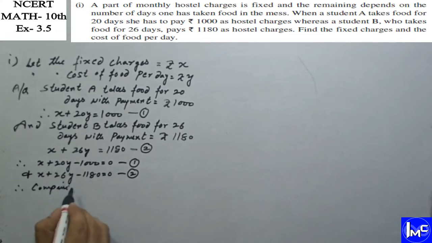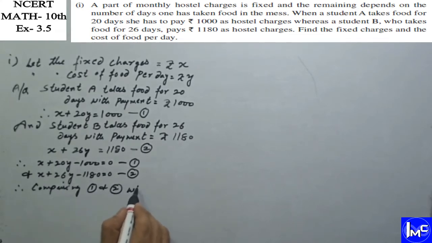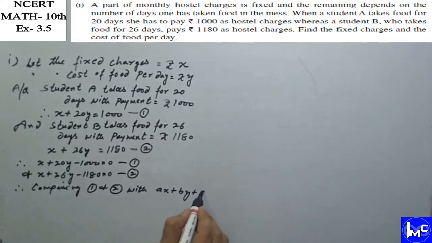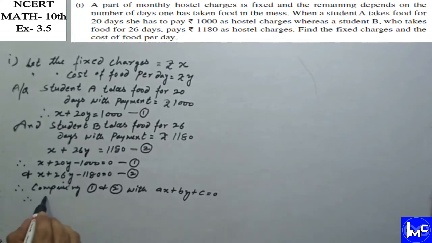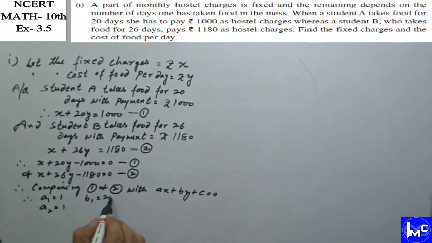Comparing equations 1 and 2 with a x plus b y plus c is equal to 0, we get a1 is equal to 1, a2 is equal to 1, b1 is 20, b2 is 26, c1 is minus 1000 and c2 is minus 1180.